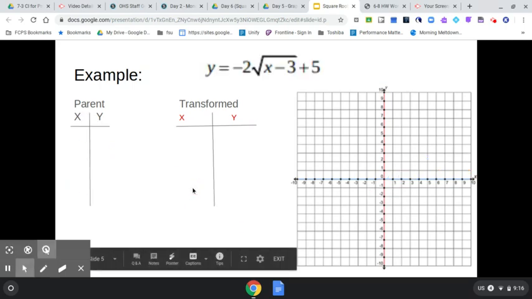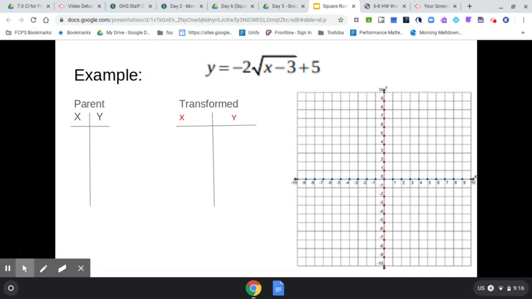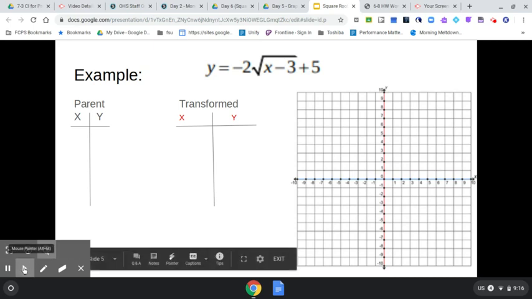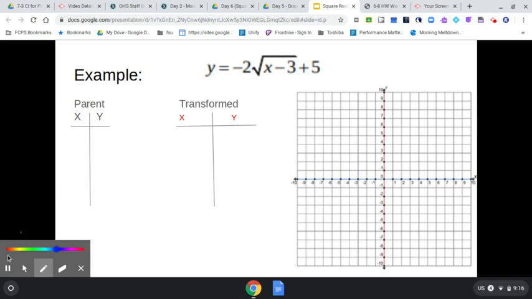So here's the next one. We have y equals -2 times the square root of x minus 3 plus 5. We're going to think about what these values do to the parent function. So first of all, if I think about what this -2 does, that is going to be a reflection over the x-axis, and it's also going to be a stretch.